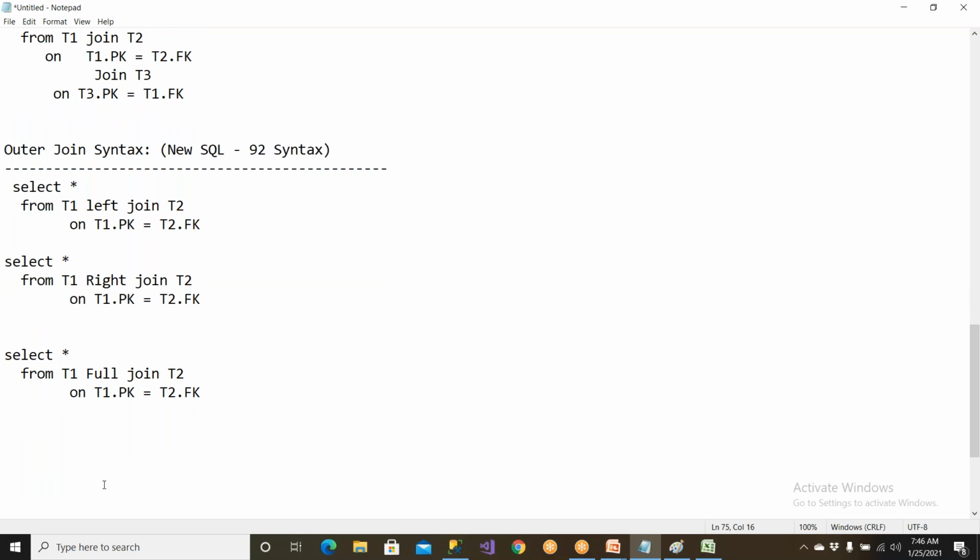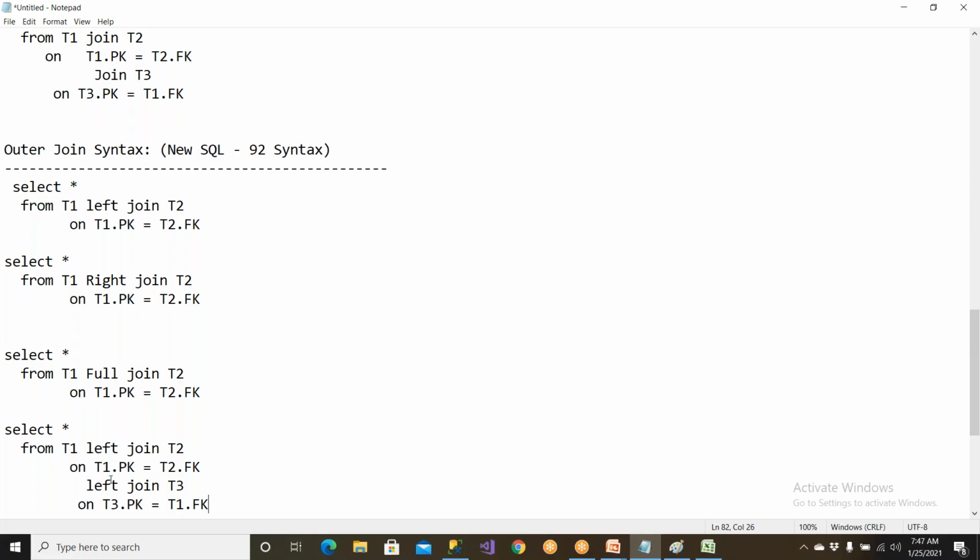Clear? So joining two tables is very easy. If you wanted to join three tables, you can say T1 left join T2 on the condition, and then you can say left join T3 on condition, right? So like that, you should be able to write. On T3 dot primary key is equivalent to T1 dot foreign key.